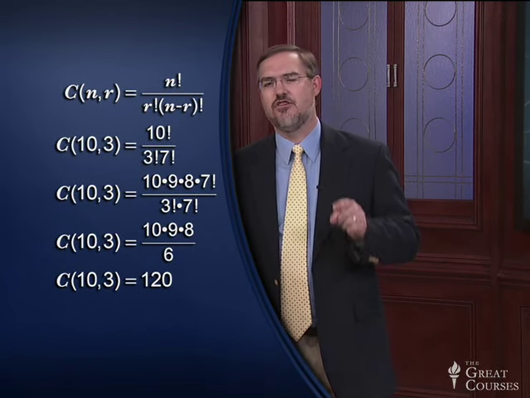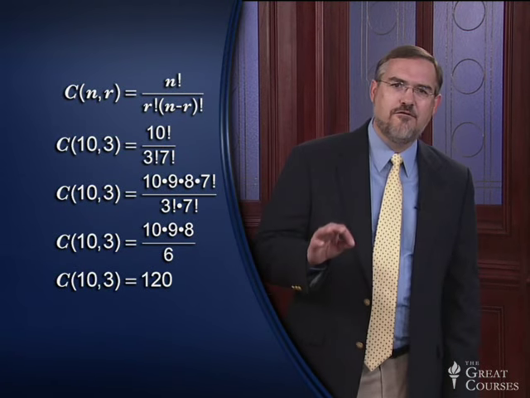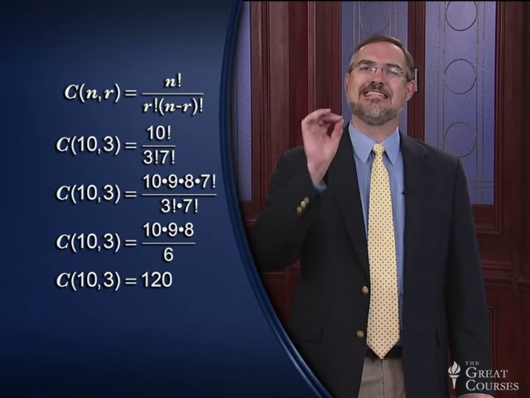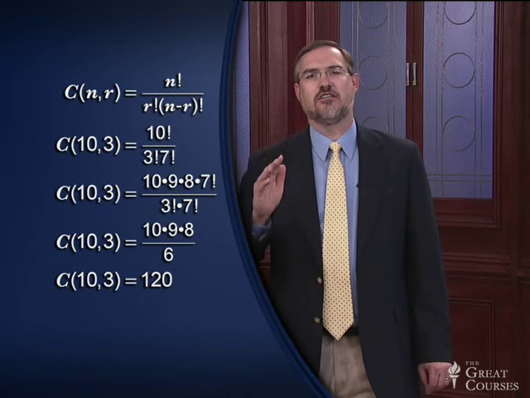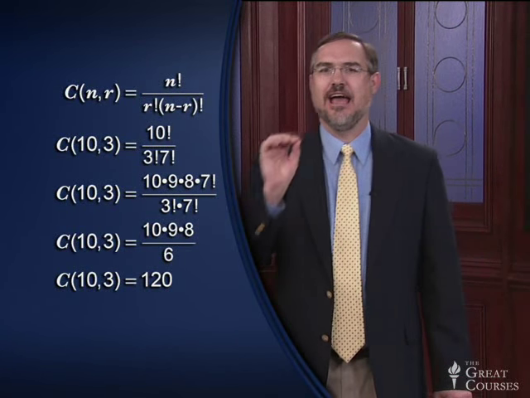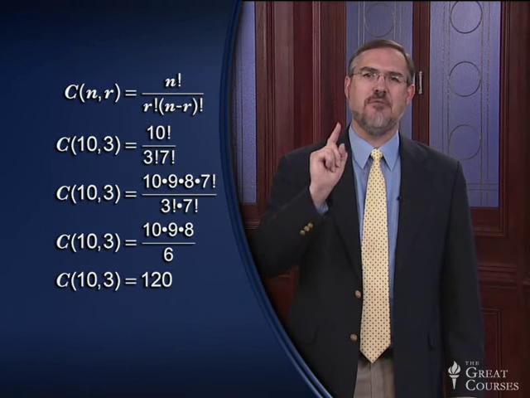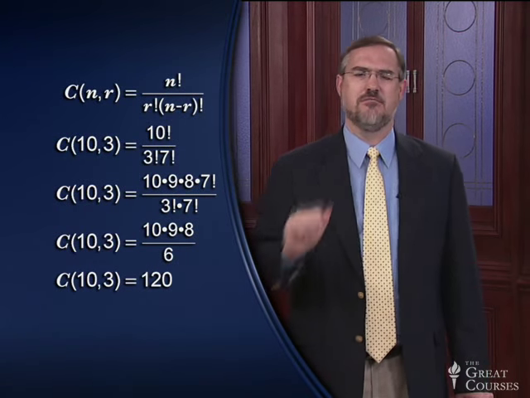And now, if you think back to our previous lesson for just a moment, you'll hopefully remember that this C of n, r is exactly the C of n, r that we talked about in that lesson for the elements of Pascal's triangle. It was exactly that same formula, n factorial divided by r factorial times n minus r factorial. So what does that mean? Well, this is an amazing fact.